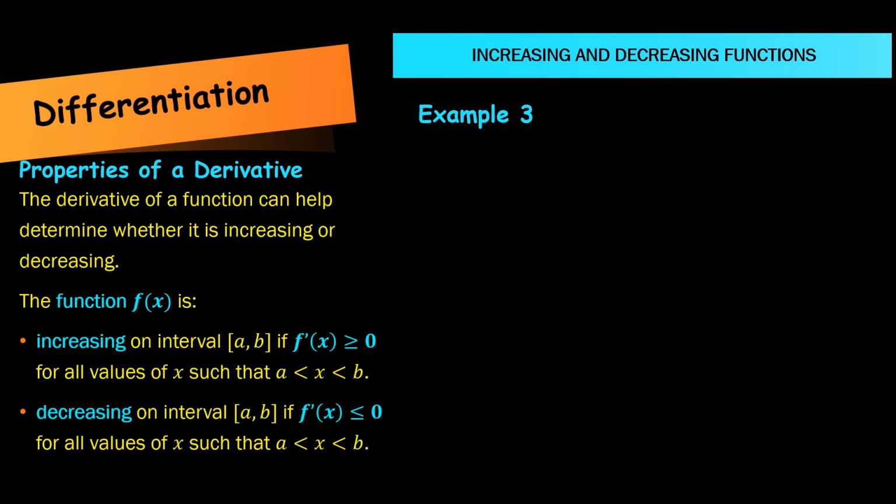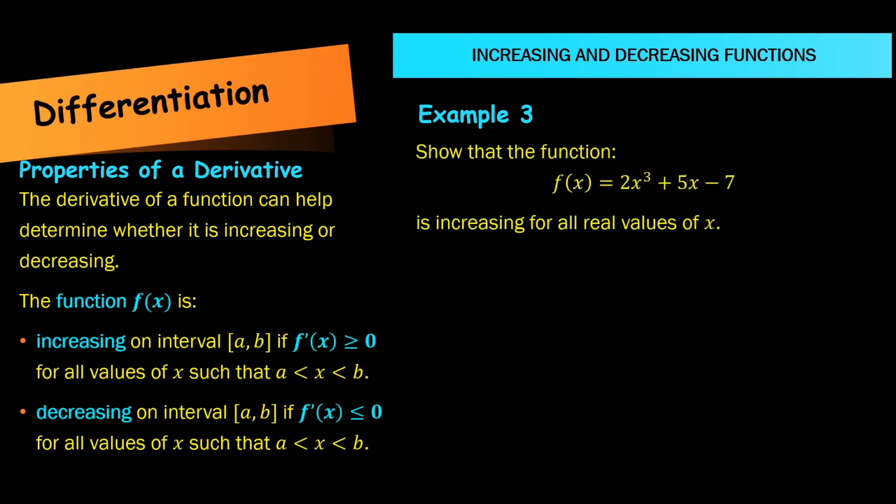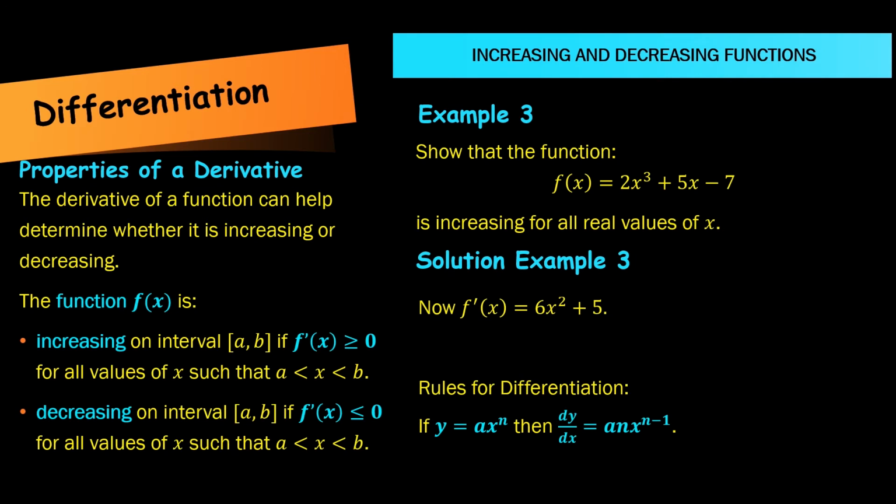Let's now take a look at another example. Show that the function f(x) = 2x^3 + 5x - 7 is increasing for all real values of x. So let's solve this. Now f'(x) = 6x^2 + 5.